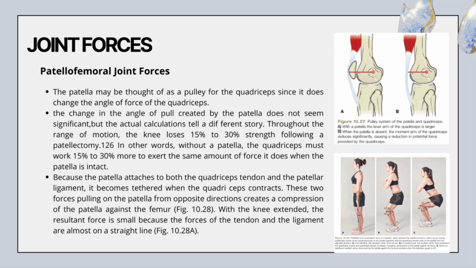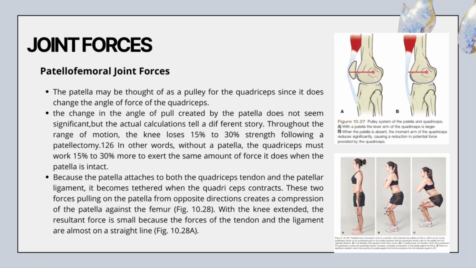The primary functional role of the patella is knee extension. The patella increases the mechanical advantage that the quadriceps tendon can exert on the femur by increasing the angle at which it pulls on the tibia.